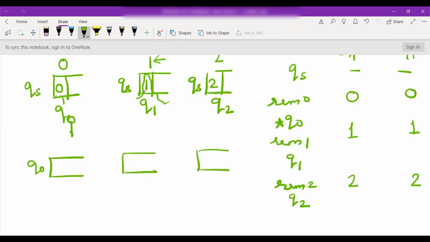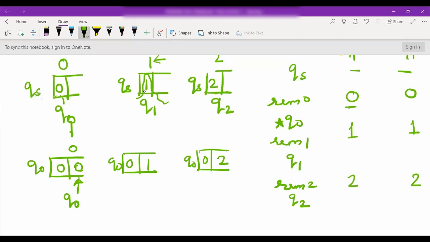So this is your Q0. Now, which string is represented by Q0? 0. So Q0 is representing 0. Now I'm waiting for the next bit. The next bit can be either 0, it can be 1, it can be 2. So when we are having 0, 0, it's nothing but your number 0. Number 0 divided by 3, leaving the remainder 0, goes to the resultant state Q0.